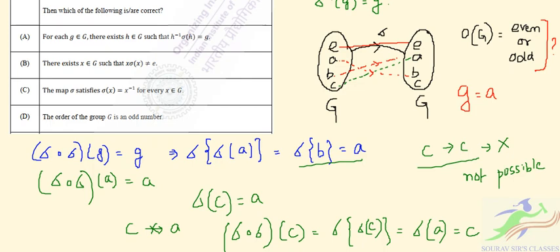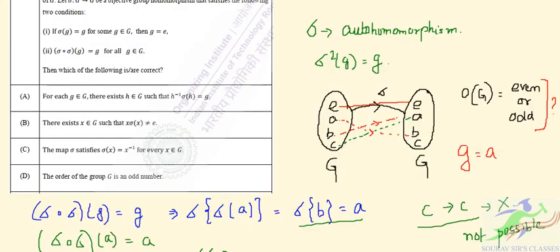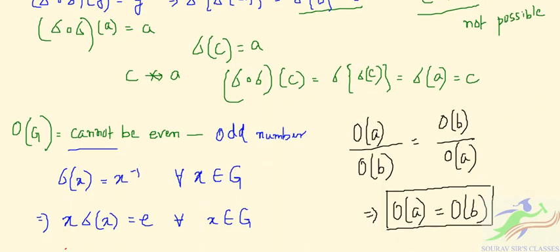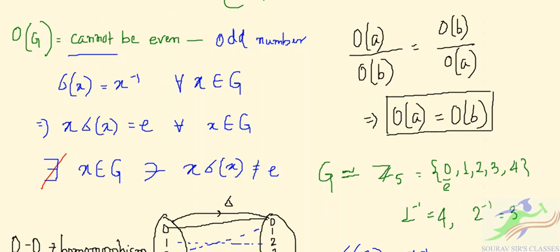So these two options are complementary. For x equal to g, we have seen that, yes, this is our condition you can take. So this is option C and this is option B. So in our case x sigma x is equal to e and x belongs to G. So option C is correct.